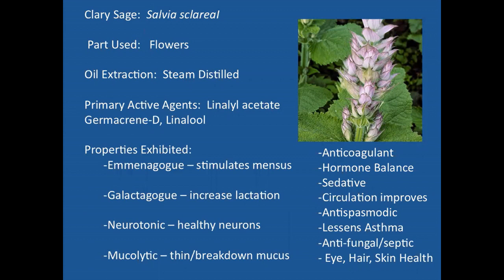One of them is as an emmenagogue, which basically stimulates menses. If that happens to be delayed in some individuals, this can help that along. It also is a galactagogue, which essentially helps increase lactation.